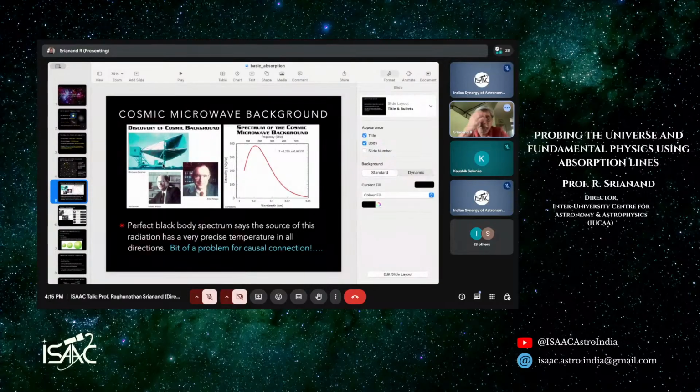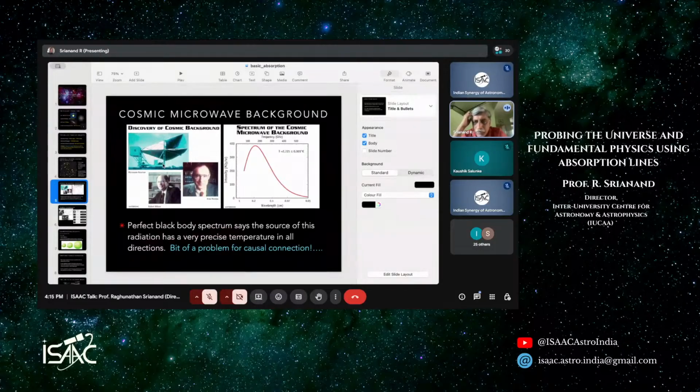So as a physicist, if you find a perfect black body radiation, then you can imagine that in some place in our universe, matter and radiation are in strong interaction. That's the first thing we can conclude. That means at some stage the radiation is originating from a physical region which is in some kind of equilibrium.